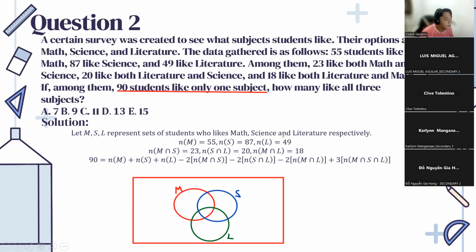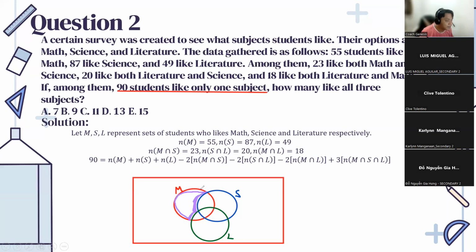So we already have the given. Also, it says here 90 students like only one subject. So basically, this part right here, this right here. So these are the students who like math only, right?